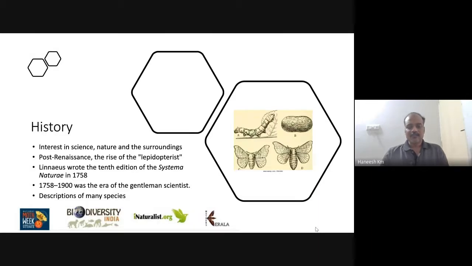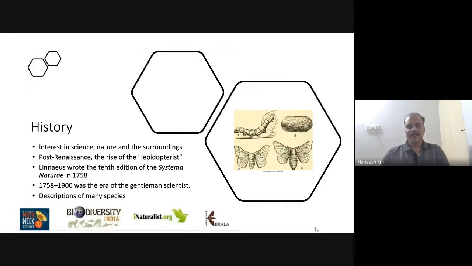After the post-Renaissance period, a lot of people got interested in insects, especially butterflies, and many of them also moths. When Linnaeus wrote the 10th edition of the Systema Naturae in 1758, one of the landmark works, he mentioned a lot of facts about butterflies and moths. That means that even then there was a lot of knowledge about moths and butterflies.